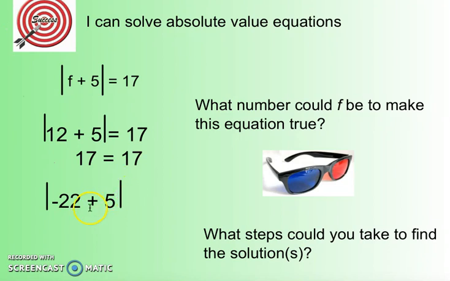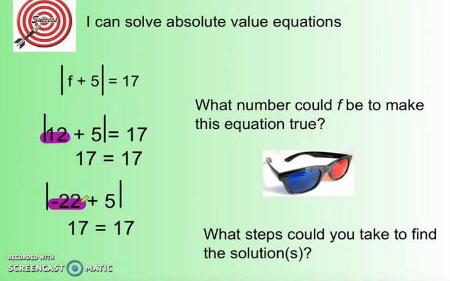So what is the absolute value of negative 17? Well, how many spaces is it from 0? How many hops? 17. And so we still get the same answer as the right side of this equation. So there's actually two answers, positive 12 and negative 22.